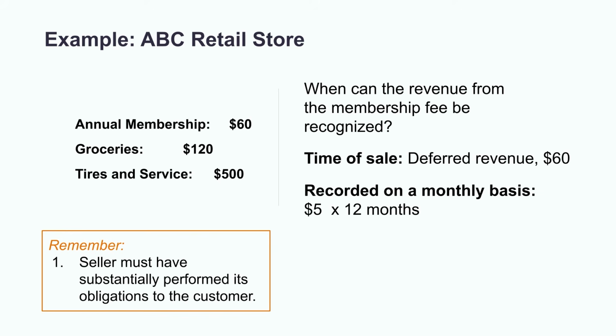This means that ABC Company can take the annual $60 membership and divide it up by 12 months in the year for a result of $5 of net revenue that will get recorded in their financial statements each month of the year. As you can see, for this revenue stream, the company is slowly earning $5 of revenue each month as they provide access to their location throughout the year.